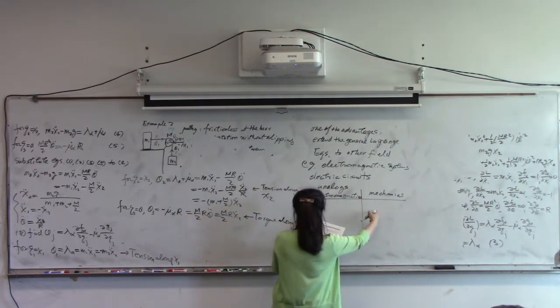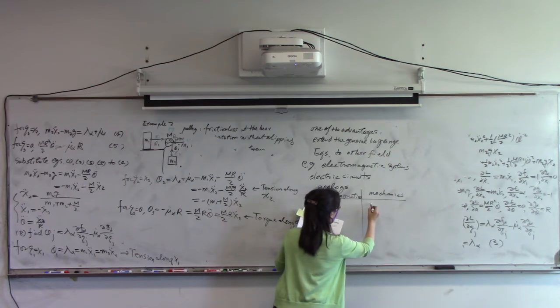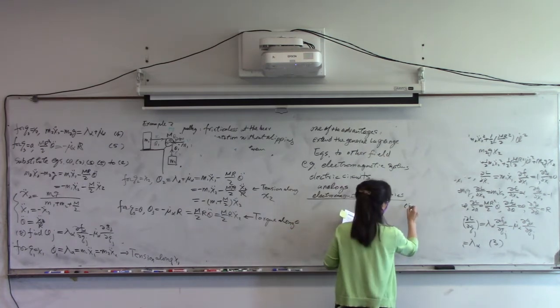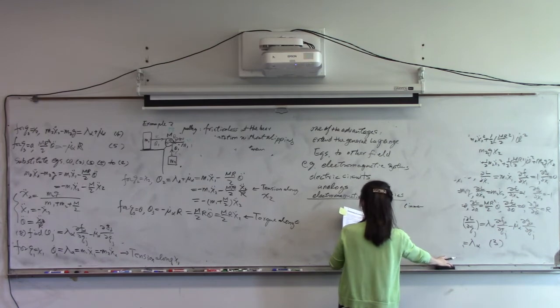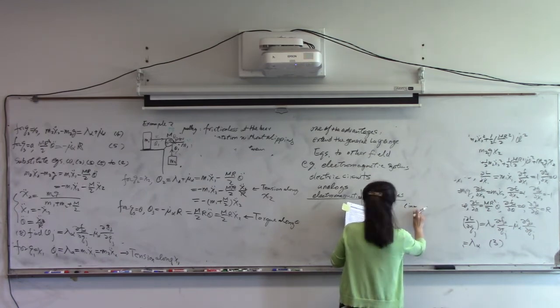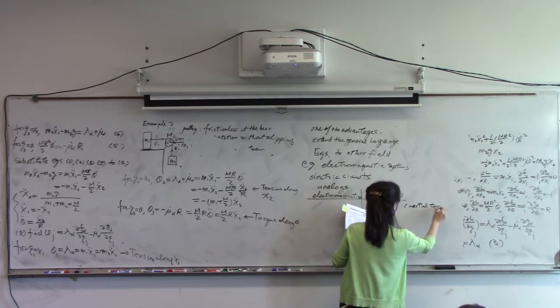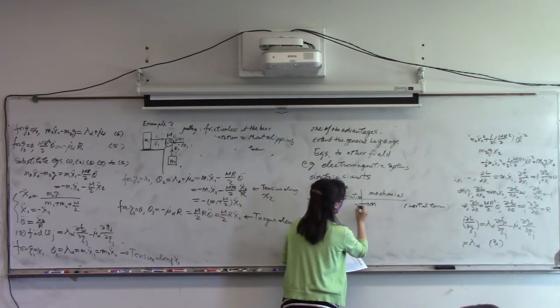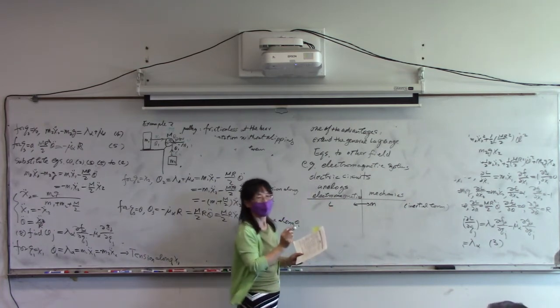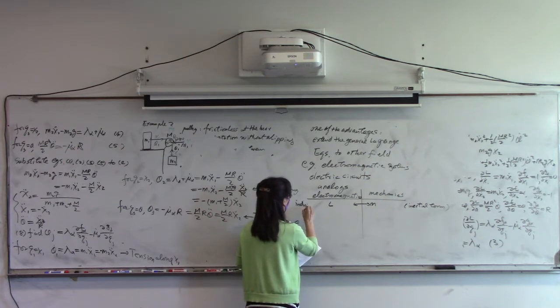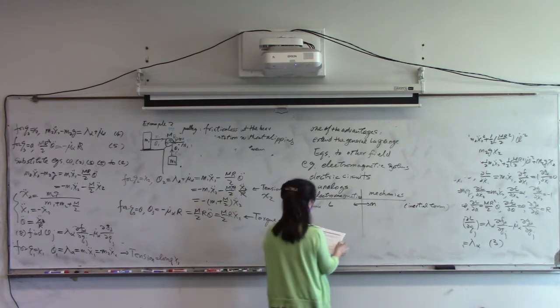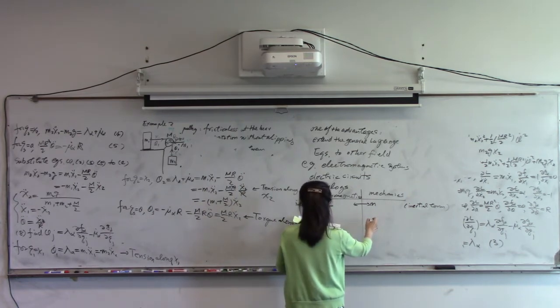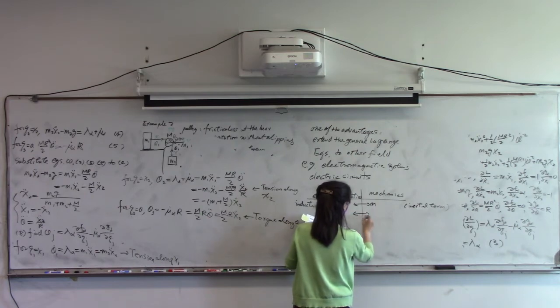So, in the mechanics, we have this mass, right? Mass, or the inertia. The system mass in this circuit corresponds to L. L is inductor or inductance. And then the next one is the generalized coordinate.